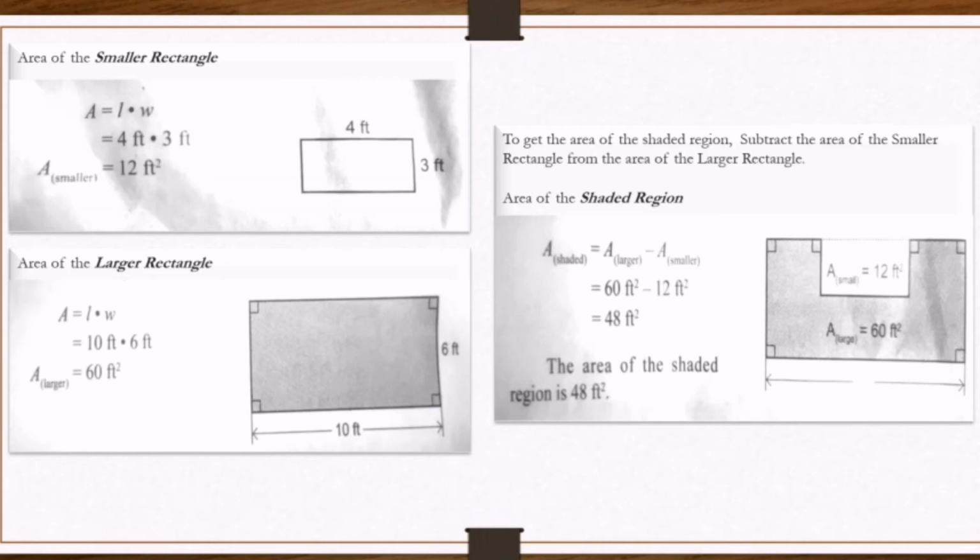The area is equal to 60 feet squared. Now, to get the area of the shaded region, we just need to subtract the area of the smaller rectangle from the area of the larger rectangle. Therefore, the area of the shaded region is equal to 48 feet squared.